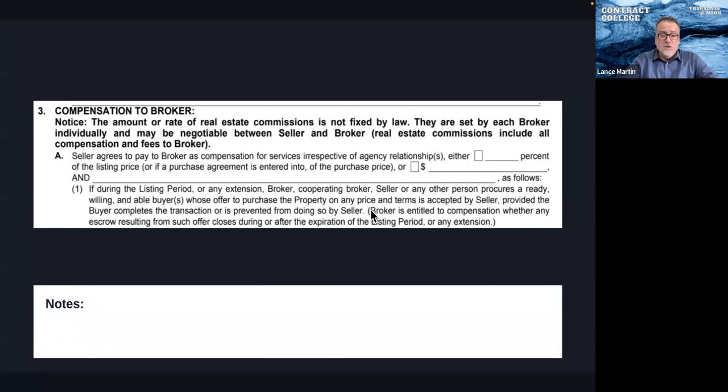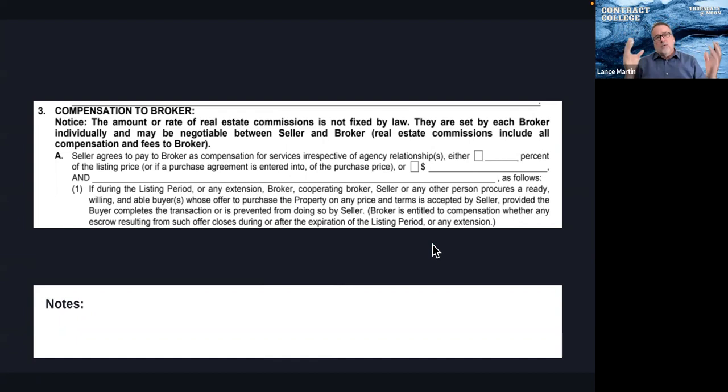The seller in that case is preventing the transaction from closing, irrespective of the reason. Well, they could still very well be responsible for that commission. So that's what they're talking about here. The broker is entitled to compensation whether any escrow resulting from such offer closes during or after the expiration period or any extension.